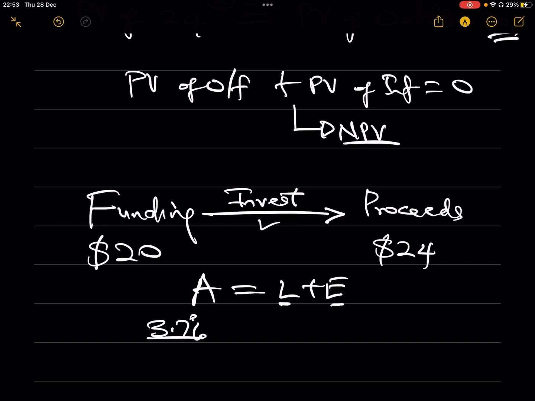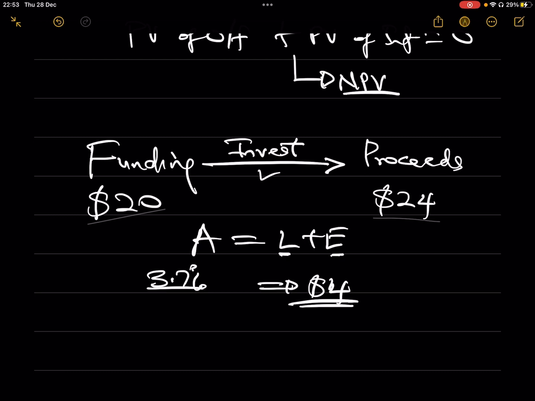It means that you're going to pay interest of how much over 5 years? If you calculate this 3.7% every year, the total interest you will have paid will be $4. And in that case, you will have given out $20 initially and another $4 as interest, right?